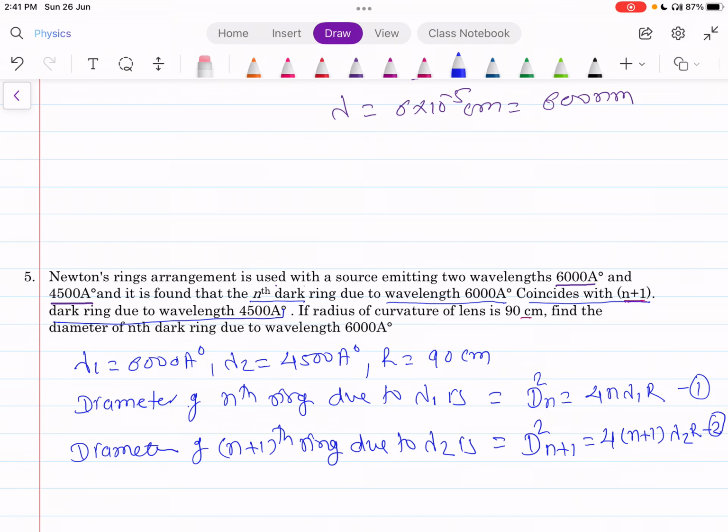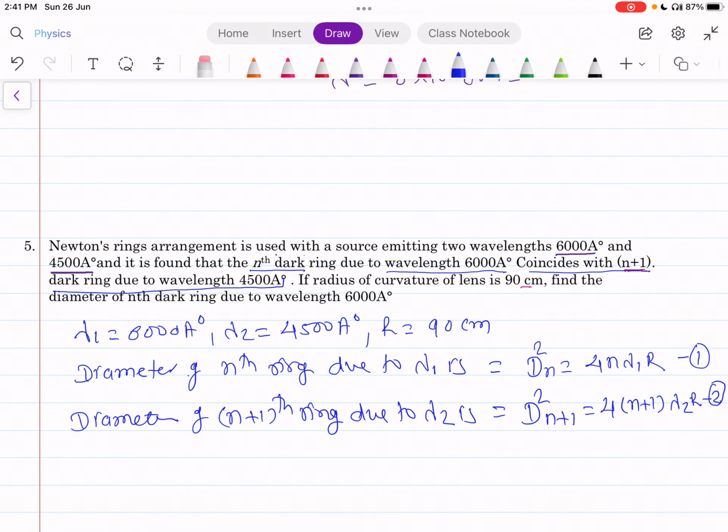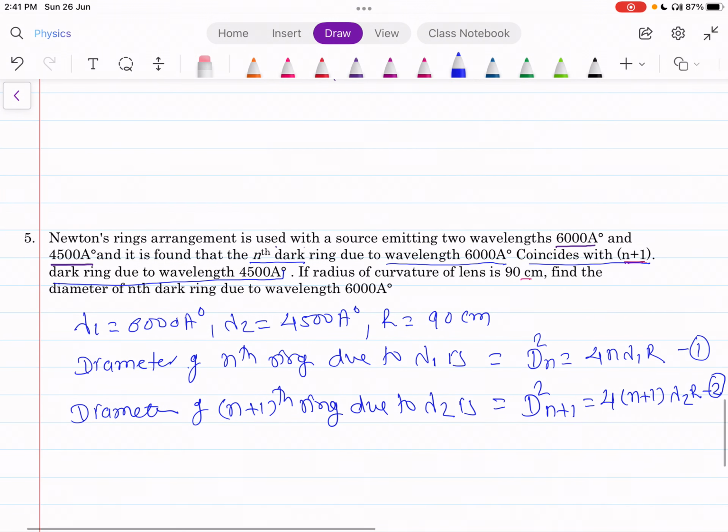Now the diameter of the nth ring due to wavelength lambda 1 coincides with the diameter of the n plus 1th ring due to wavelength lambda 2. So the diameter of the nth ring is equal to the diameter of the n plus 1th ring.